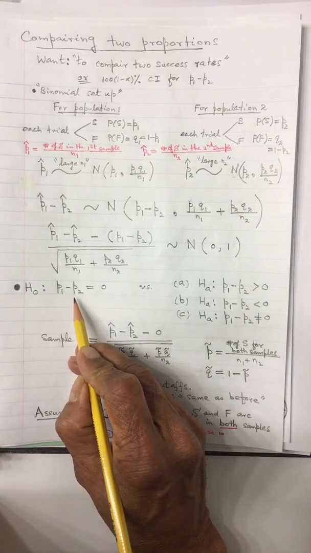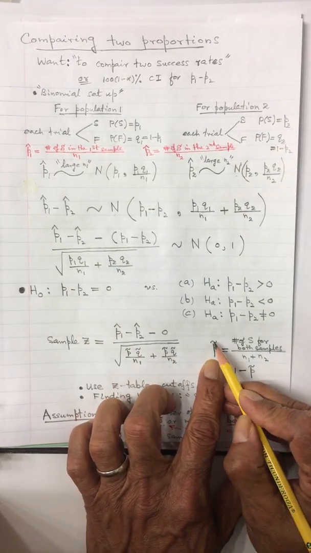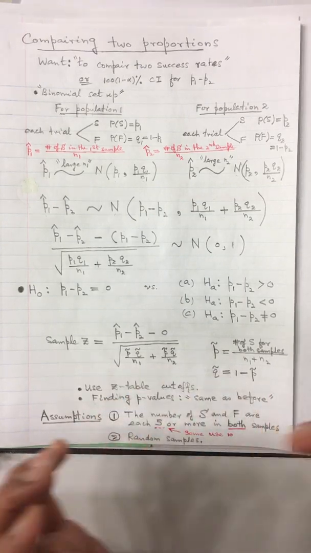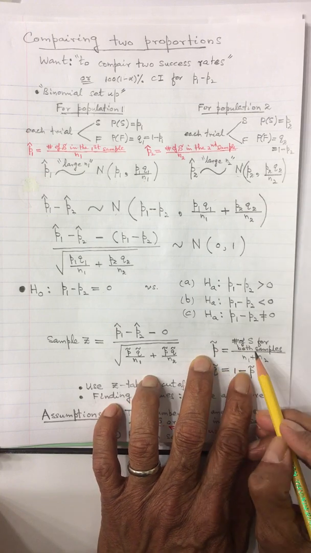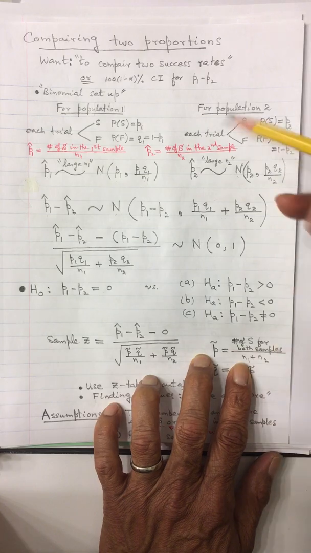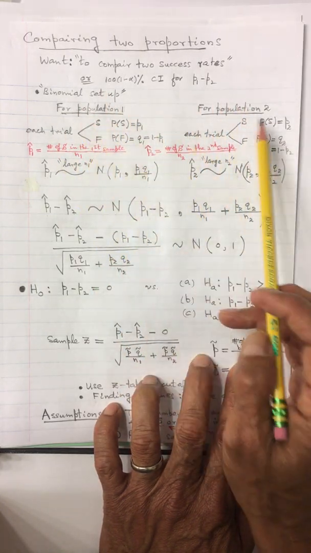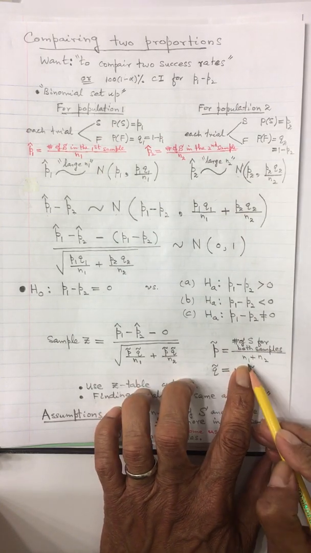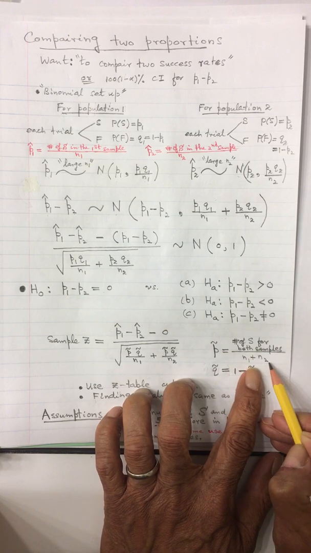So we are going to estimate that p-value, which we call p tilde, by combining both samples together. In other words, p tilde is the number of S's in both samples, in this sample as well as in this sample, divided by the total sample size, n1 plus n2.